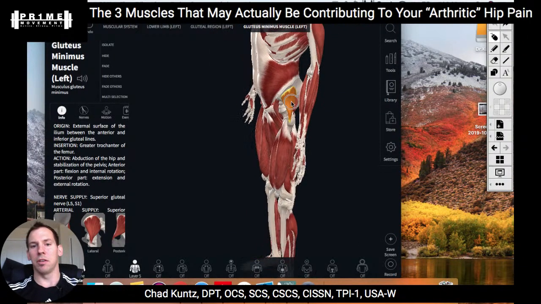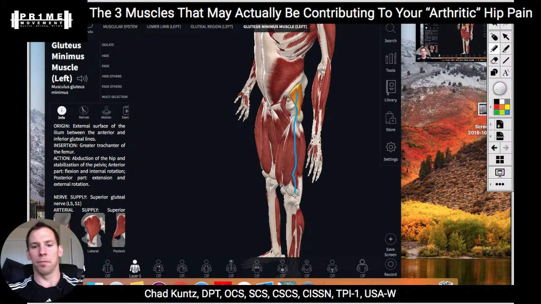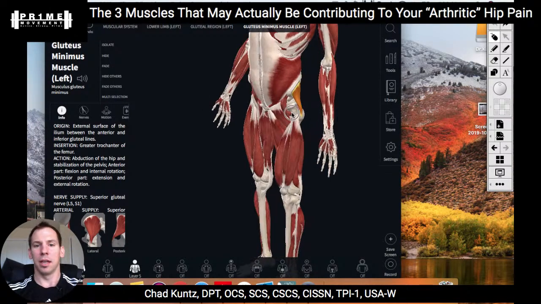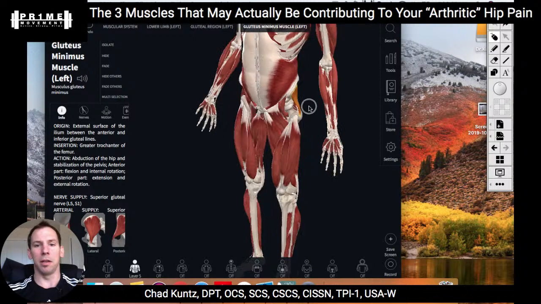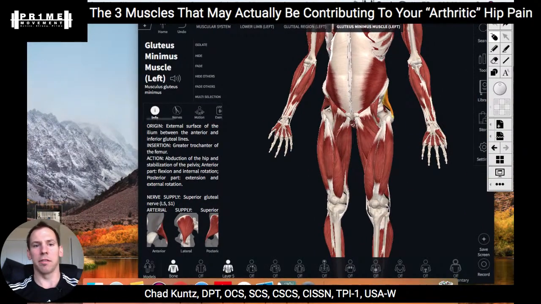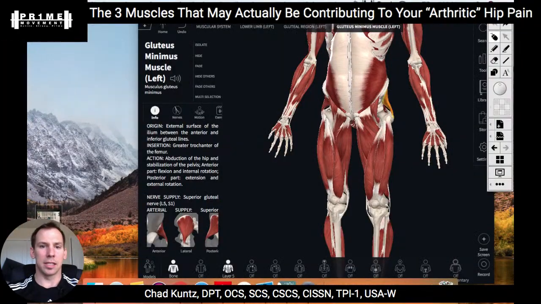And let me tell you too, this muscle is so profound, it'll actually be mistaken for radiculopathy down from the spine. But a lot of times it can be palpated just from the gluteus medius. So this is a very profound muscle that a lot of times serves as a false sense that it's actually causing your arthritis pain.